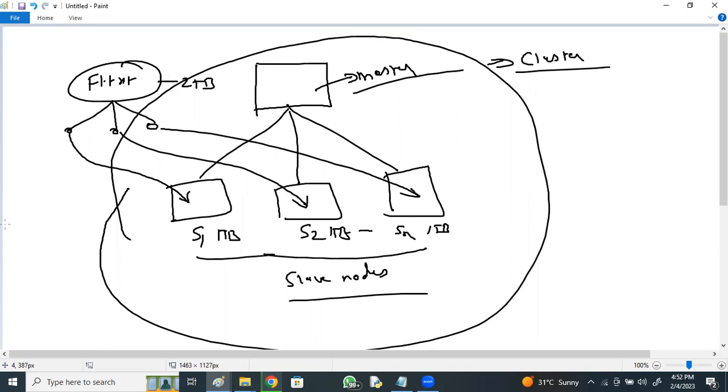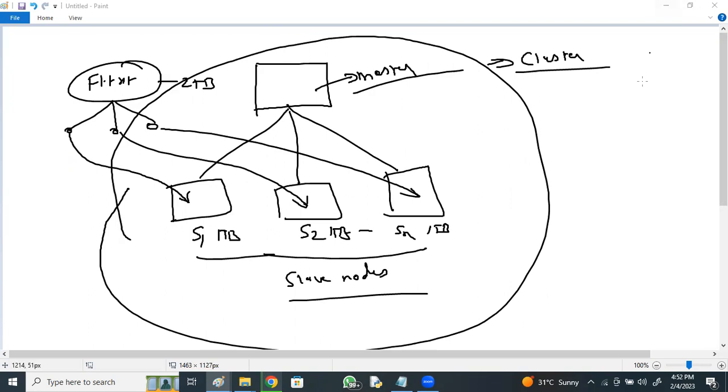Two advantages you can observe here. Distributed storage means the huge data file can be accommodated, and that file is processed by multiple systems parallelly. Some lakhs of records are stored in each system and processed parallelly. That's why you see high speed in Hadoop, and huge data can be stored.